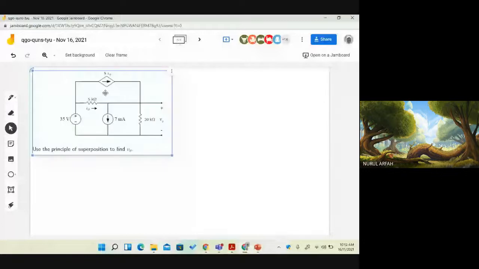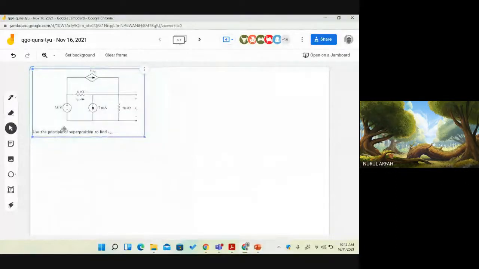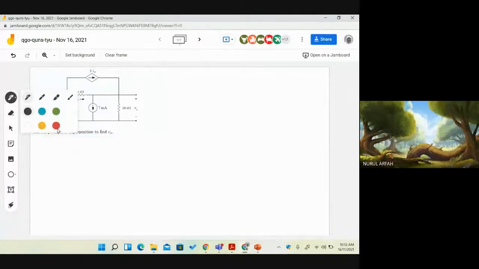All right, you can see this, right? Do you still remember what superposition is? How to apply superposition? So how many steps are here, if you look at the question?